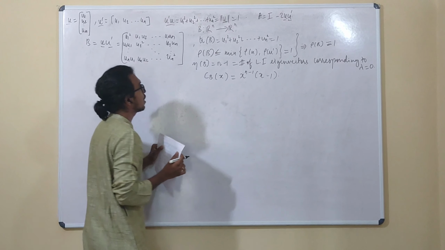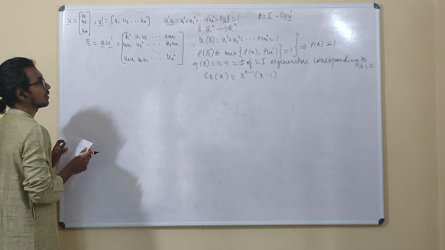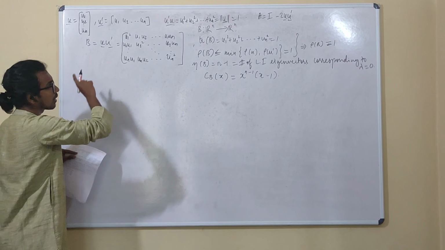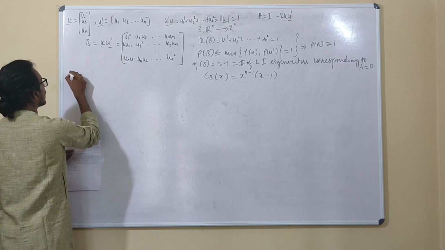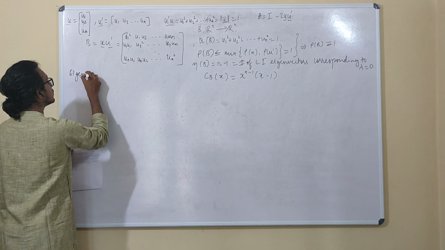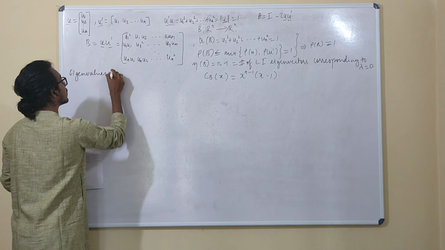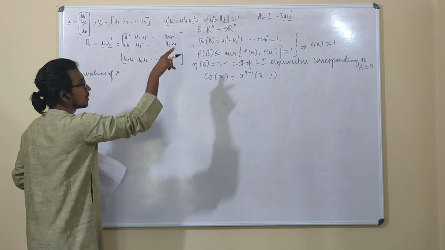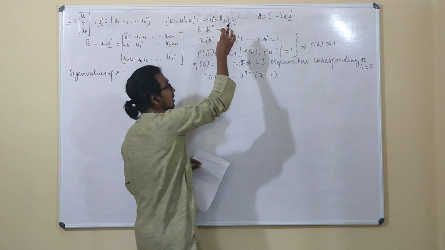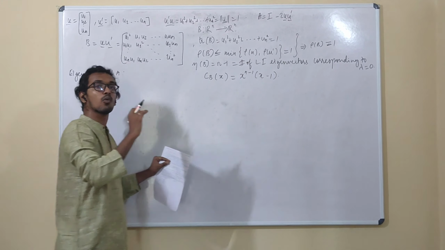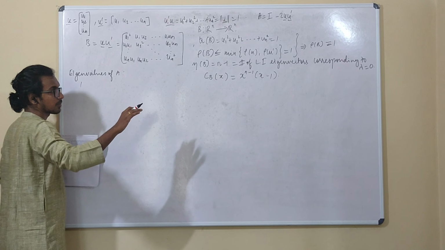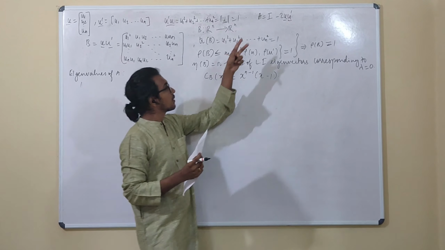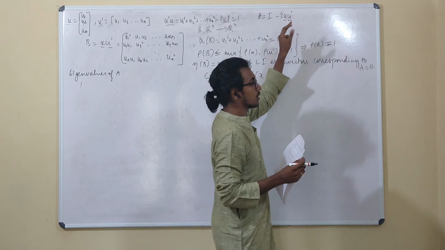Okay, now coming to the matrix A. If you have to calculate the eigenvalues of A, this identity matrix will have 1 as the eigenvalue, and that is repeated n times. And the matrix, this is twice this one.